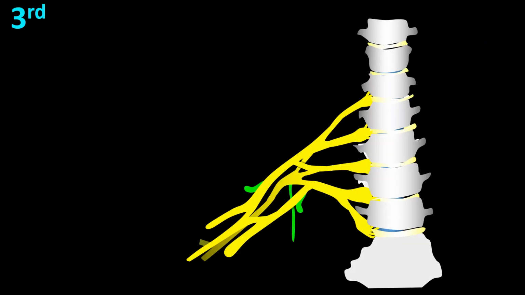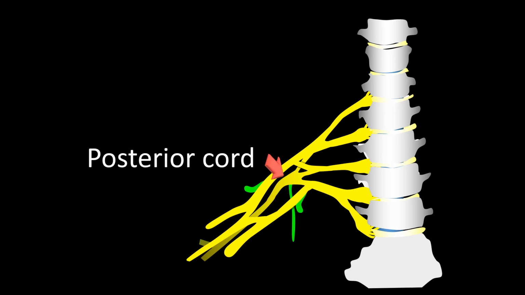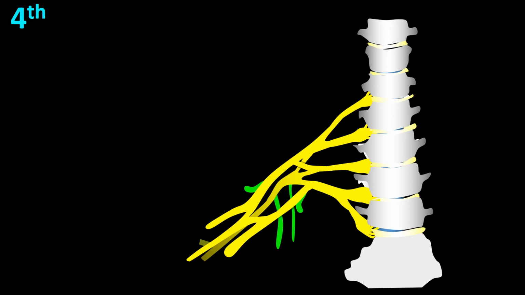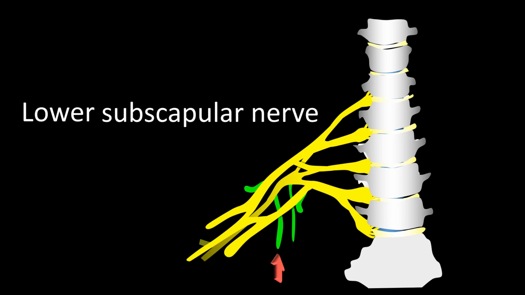The third nerve arising from the middle region of the brachial plexus does so from the posterior cord. This nerve is called the upper subscapular nerve. The fourth nerve I will mention arising from the middle region of the brachial plexus also does so from the posterior cord, and it is called the lower subscapular nerve.